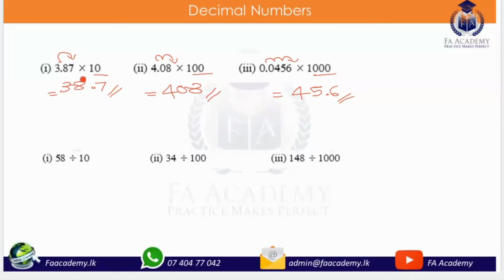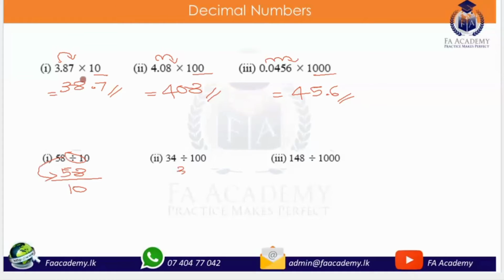Right. So next one, you can see it's a division as we did before. Just a reminder. So 58 divided by 10. To make it easy, we can write it this way. So this division sign is represented by this line. Okay, 58 divided by 10.